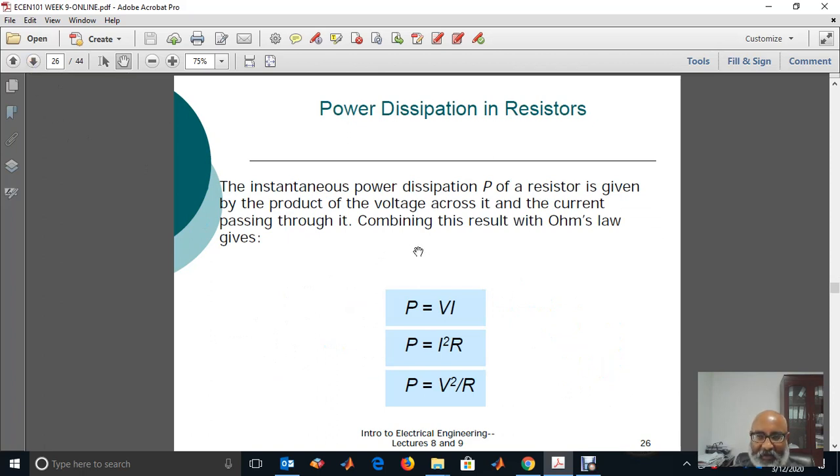Power dissipated in a resistor. The power dissipated in a resistor is equal to the voltage across the resistor times the current passing through the resistor.